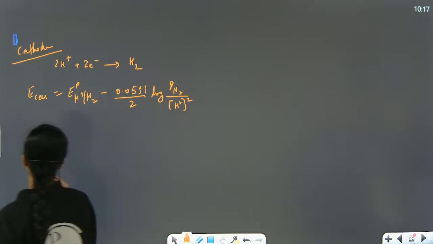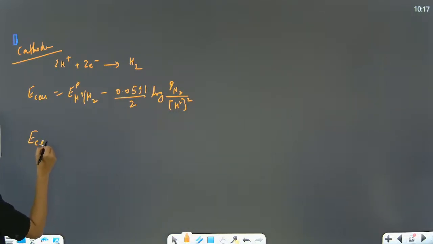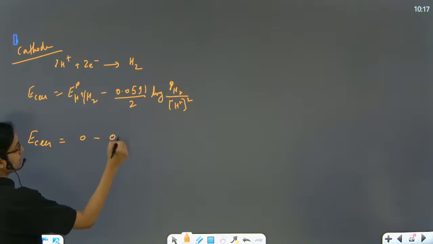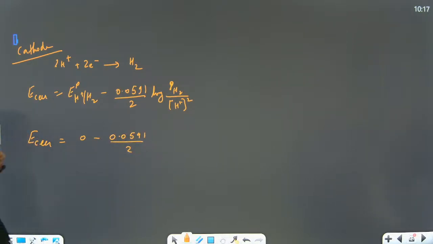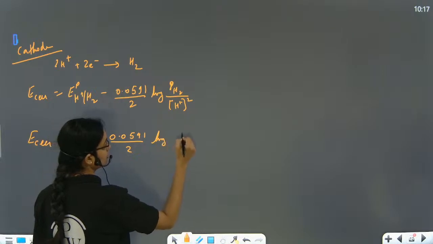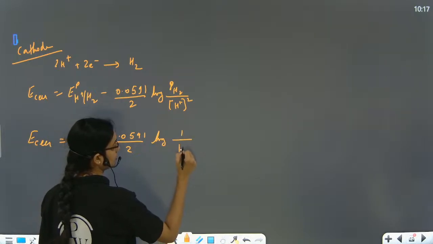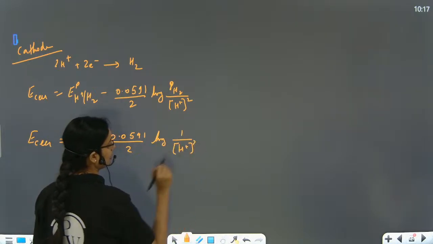Again, if we take pressure as 1, then क्या आएगा? Log of 1 by H plus का square.